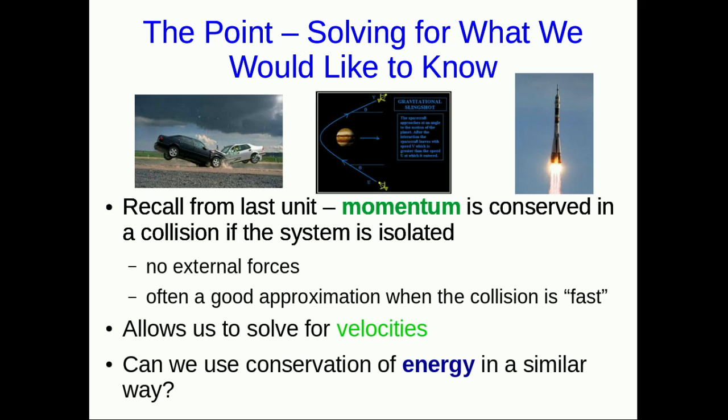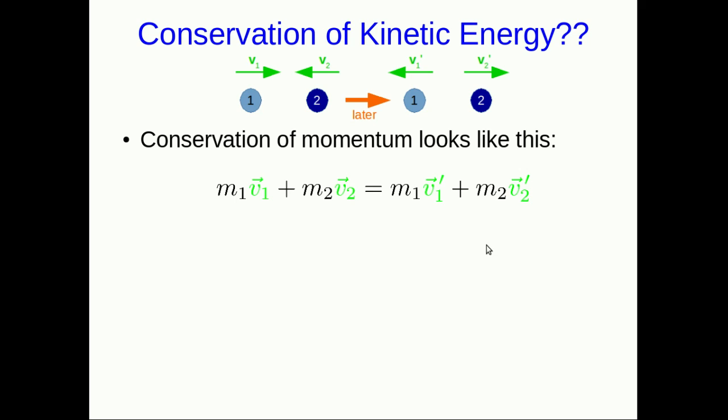So now we're on to energy. Can we use conservation of energy in a similar way? I want to stress again that momentum and energy are two very different things, but we're going to work by analogy. Conservation of momentum, when we have a collision between two objects, looks like this equation, right? That's a sum of the initial momentums and it equals the sum of the final momentums.